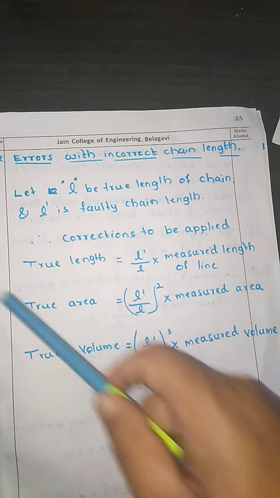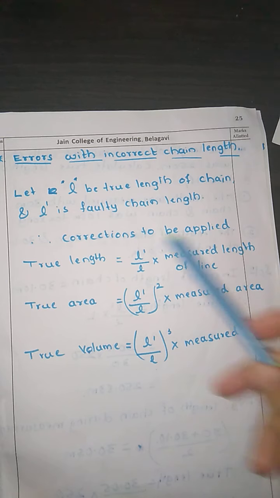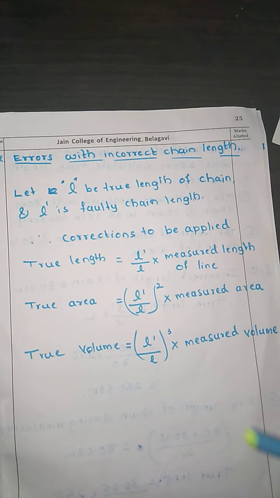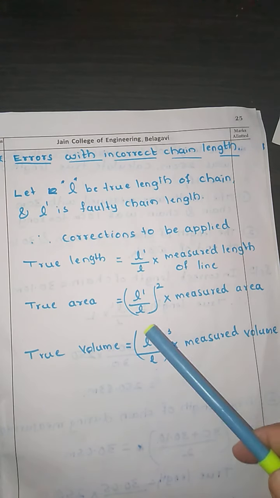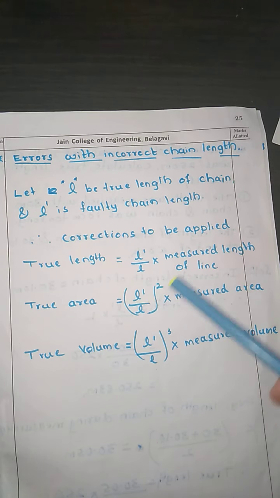Now for the area: if the length varies, then the area also varies. So true area is equal to L dash divided by L, the faulty chain length divided by the true chain length, the whole square, into the measured area.